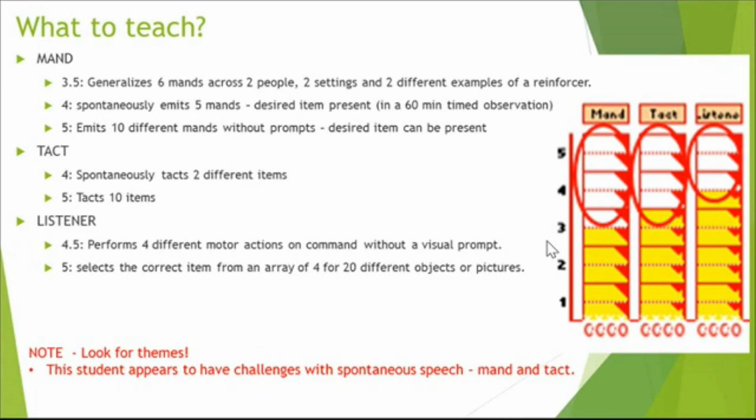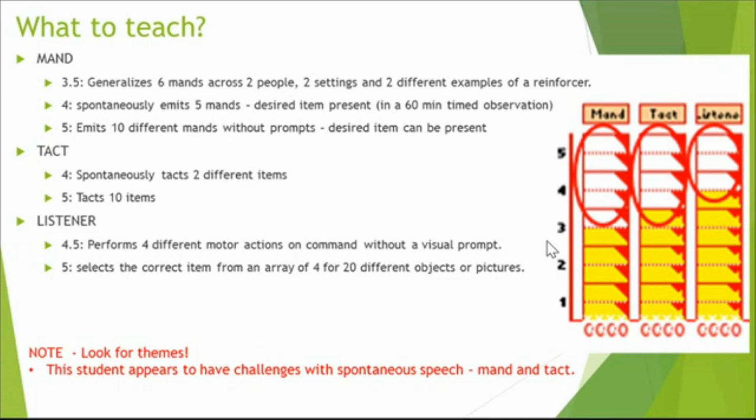And then the listener 4.5 requires them to perform 4 different motor actions on command. They scored a half a point, so it's likely that they were able to perform 2 motor actions on command. We just need to be able to increase that.